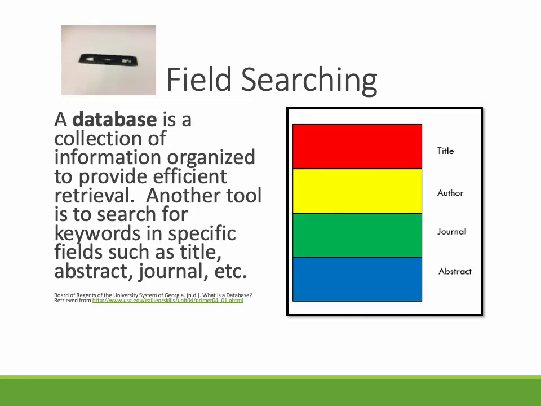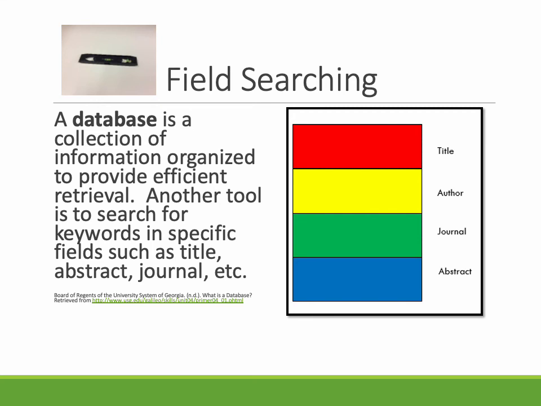So let's talk about phrase searching just a little bit. In a database, I can tell the database exactly where I want to search for that word or phrase. If I just put emergency department in the search box, it's just going to search for it everywhere. I kind of talked about this already. But if I say emergency department, but I tell it to look for that phrase only in the title, that's going to help me get more specific results.